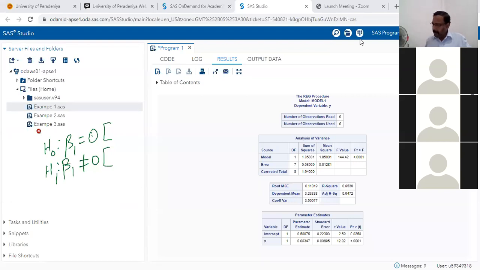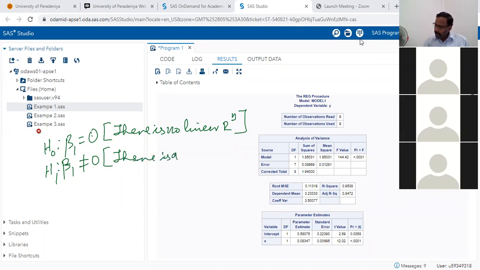Right, good. So there is no linear relationship. Once we give the conclusion, we will add what these X and Y variables are. In short form, there's no linear relationship when beta 1 is equal to 0; when beta 1 is not equal to 0, there is a linear relationship.